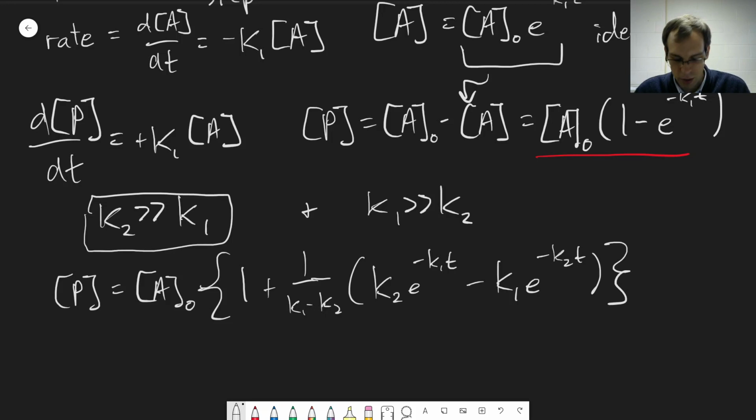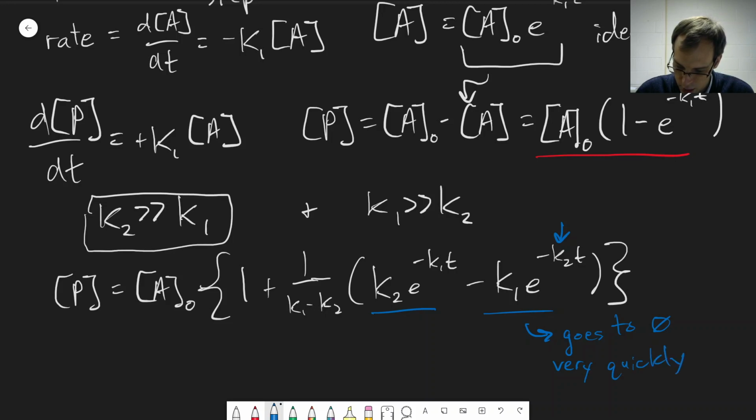If K2 is really big compared to K1, when we compare these exponential terms, the second term, where K2 is, is going to get very small very fast. It goes to 0 very quickly compared to the other term.